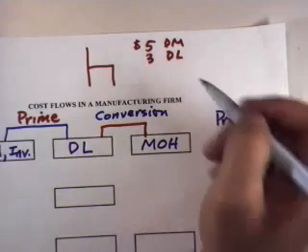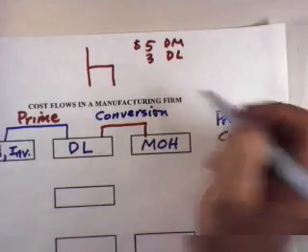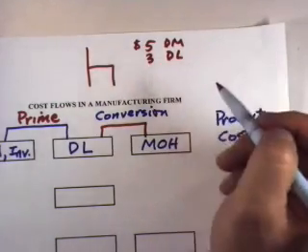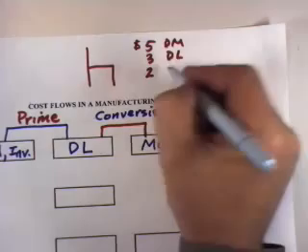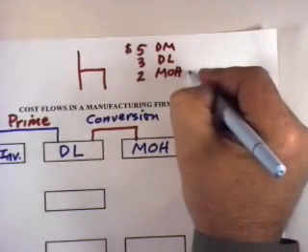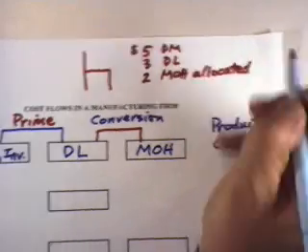All of that, if you took all those costs and tried to figure out how much of all that should go into the cost of this one chair, let's say that it came out to $2 of overhead allocation. So this is manufacturing overhead applied or allocated to that one chair.